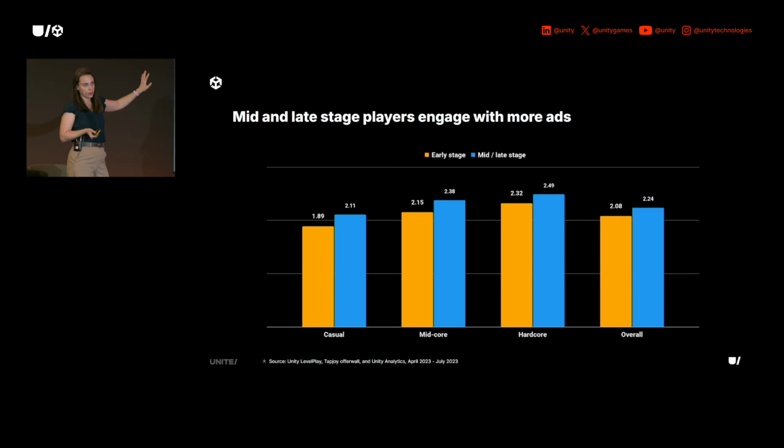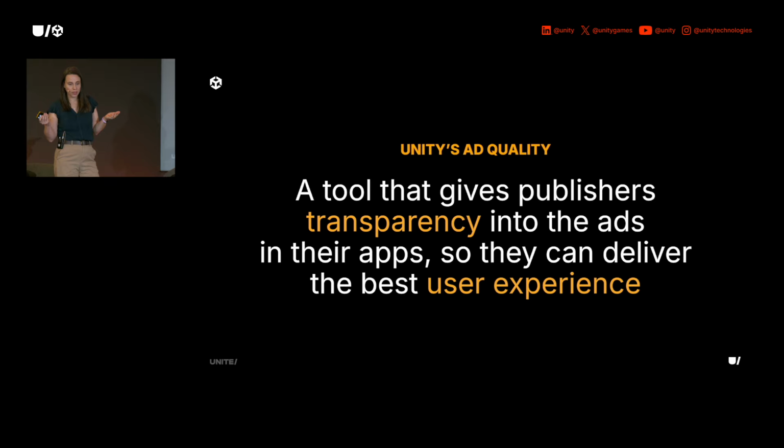So now that we spoke about segmentation and how to build this across the lifetime of your game, I want to touch one more point, and that is how to make sure that the quality of the ads that are being shown in your game is actually good. How can you make sure it is? How do you have transparency? So we've developed a tool that's called Ad Quality.